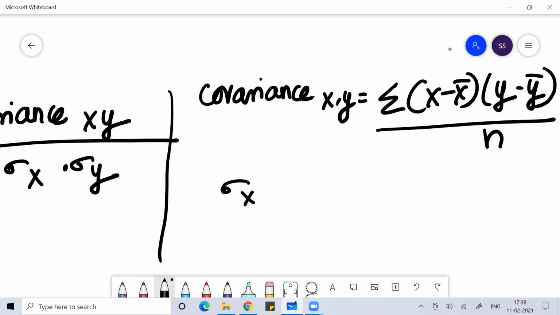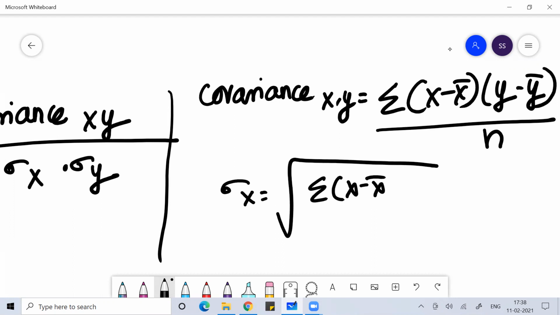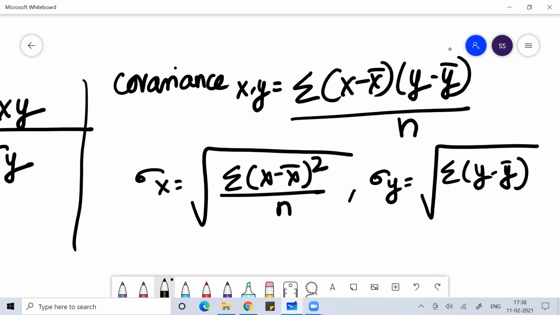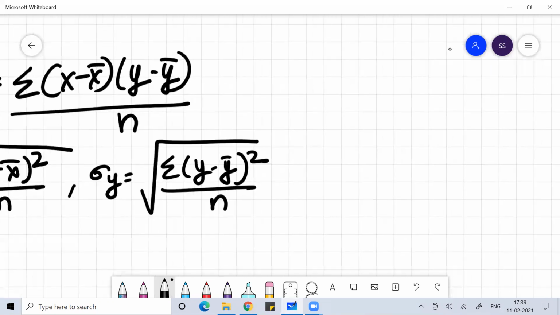Similarly, the standard deviation of x is under root of summation of x minus x bar whole square by n. Similarly, you can write standard deviation of y as the square root of summation of y minus y bar whole square by n. Now, if you put all of them into this formula, r is equal to covariance between x and y divided by standard deviation of x into standard deviation of y.